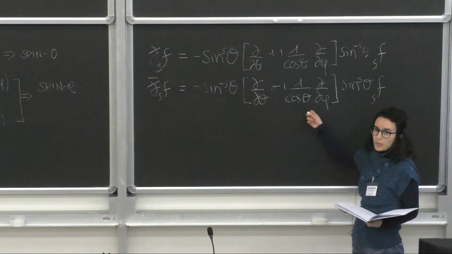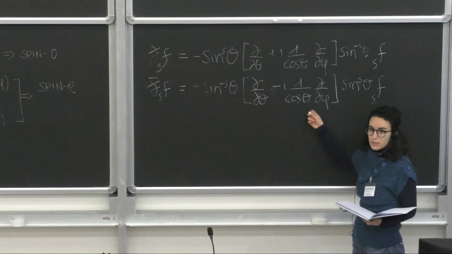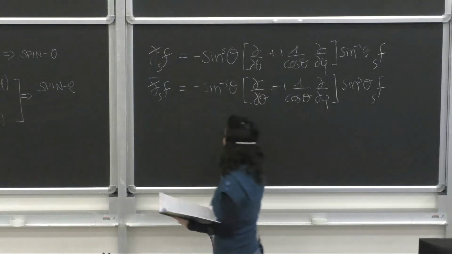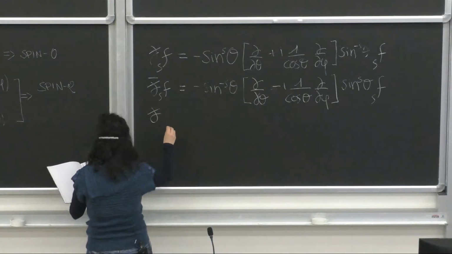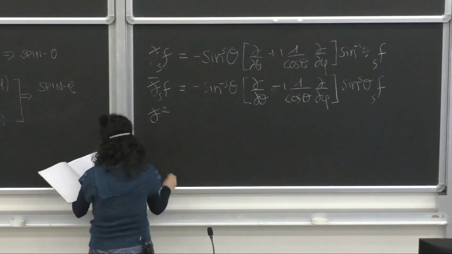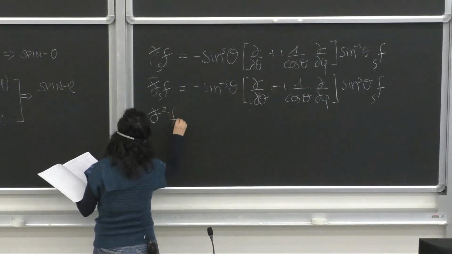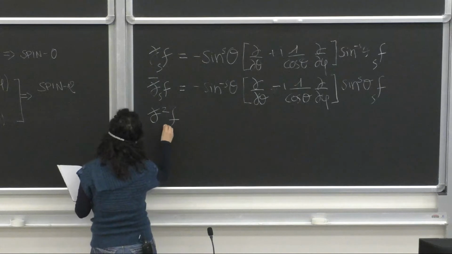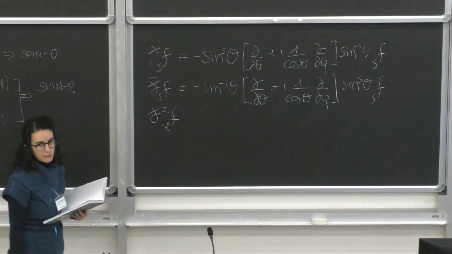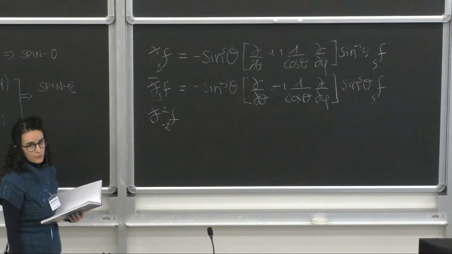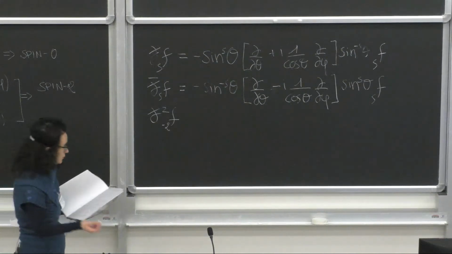So we want to apply these operators twice. So what we will care more about will be, for example, the twice acting spin raising operator that we will apply to a spin minus 2 quantity, because from minus 2 we want to increase it to 0.